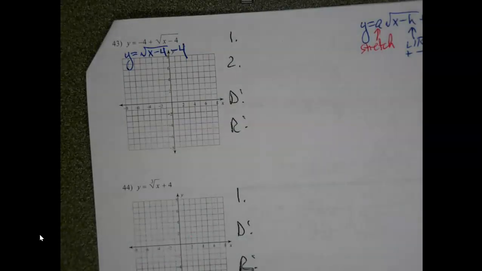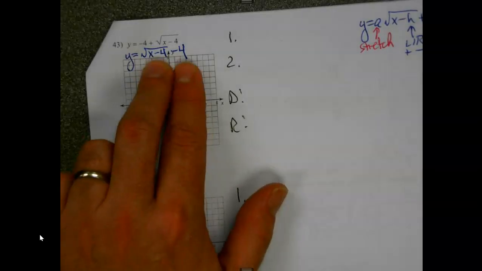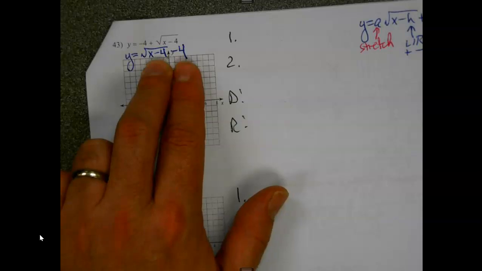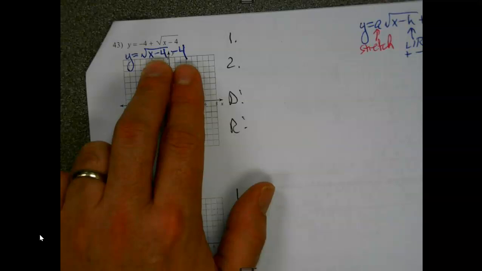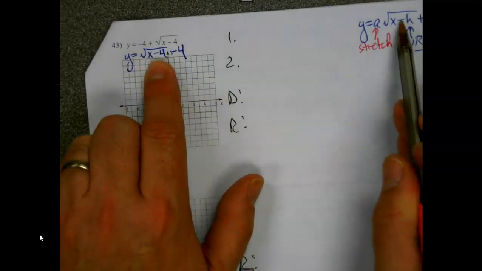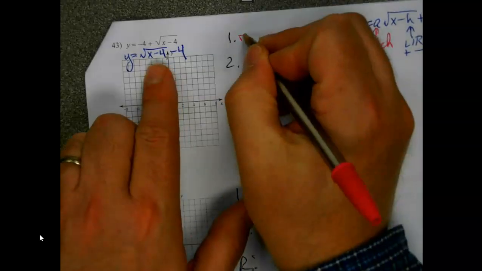So if I'm looking at my transformations first, which two directions am I going for? Minus inside.